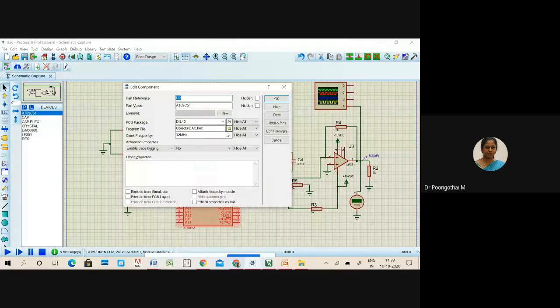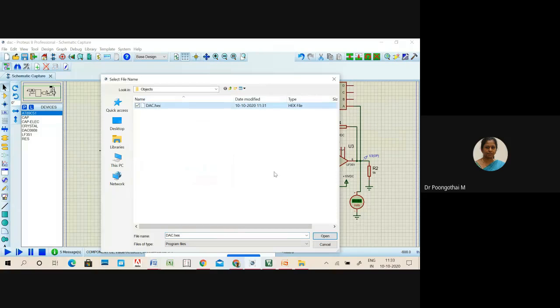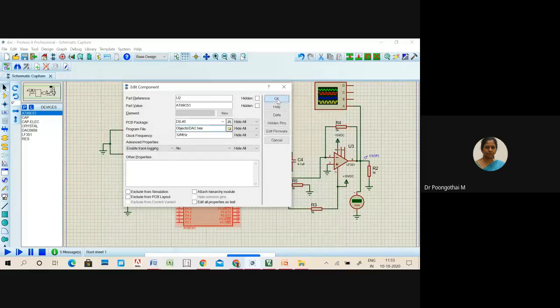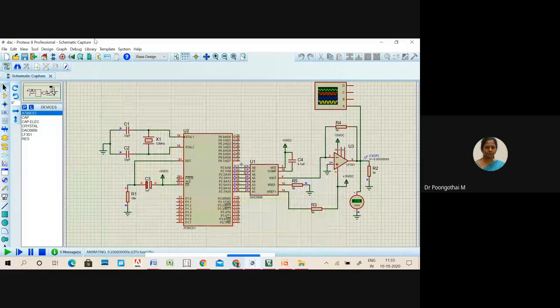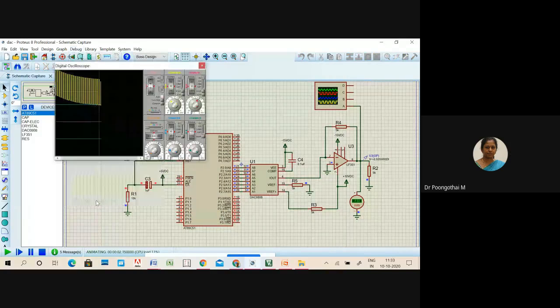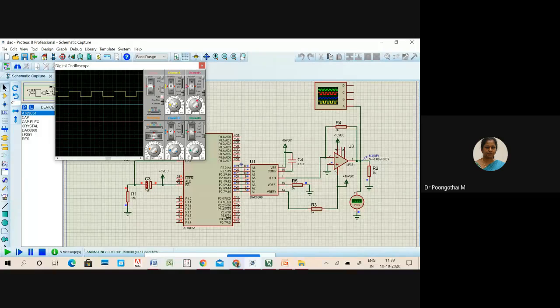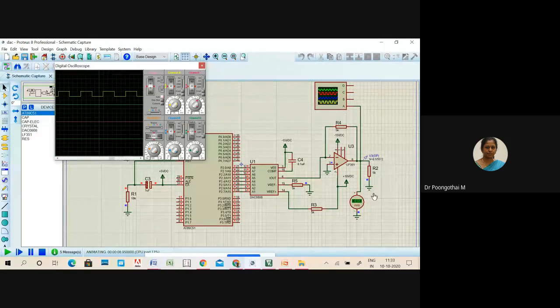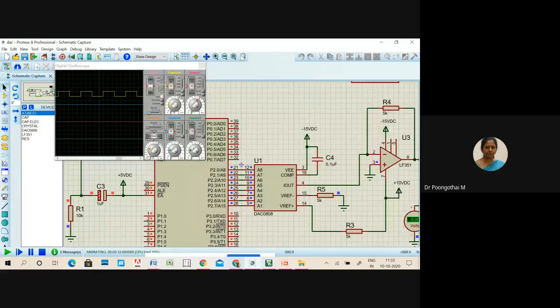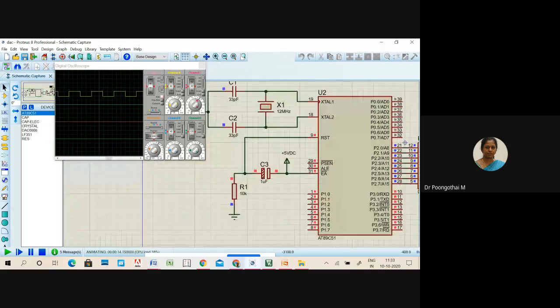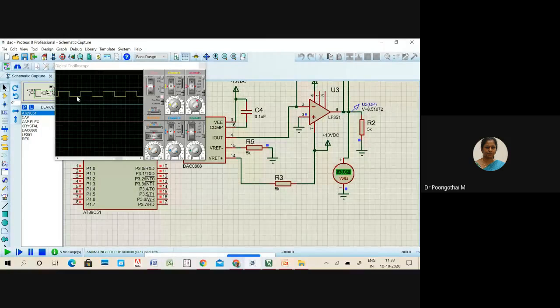First load the hex code. You can see the square wave is being generated, and the voltage is varying from 0 to 8.5.